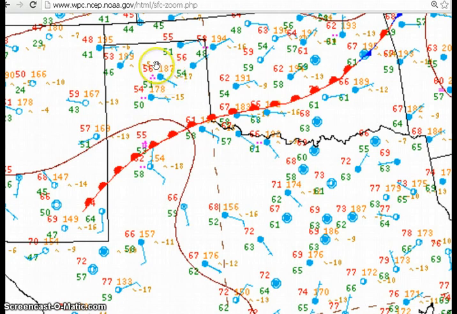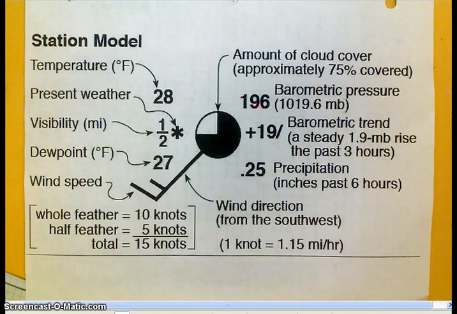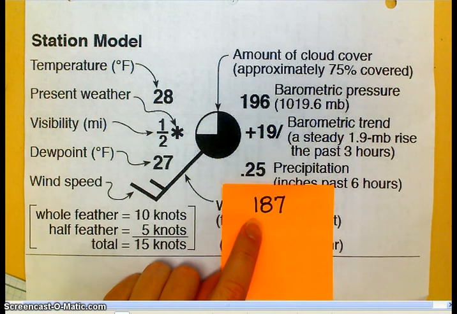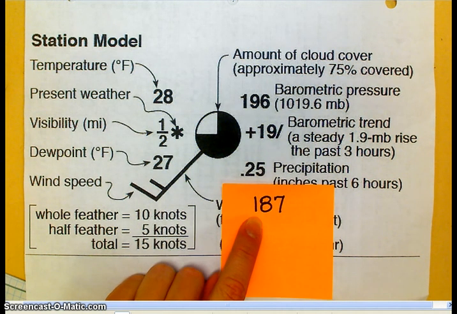All right, let's look at that 187. That is our pressure reading, and I'm going to explain to you what to do with that pressure reading. All right, so the pressure reading from our station model that we were just looking at is 187. But let's go through and figure out what to do with this number.